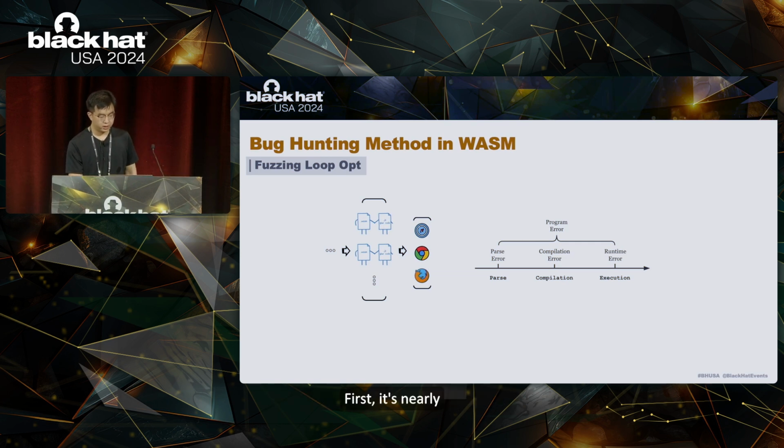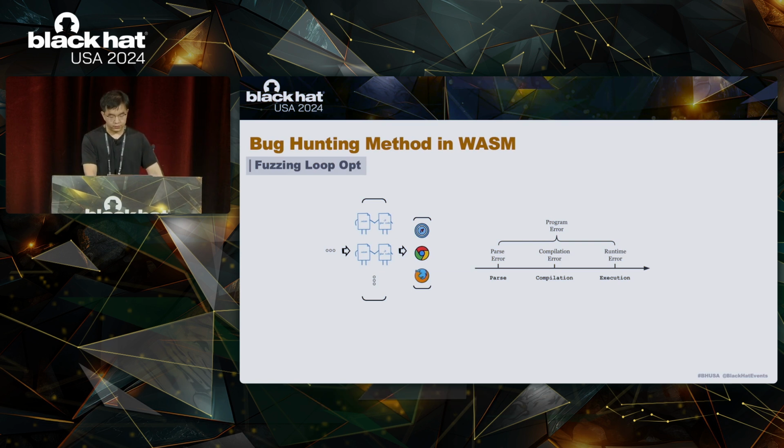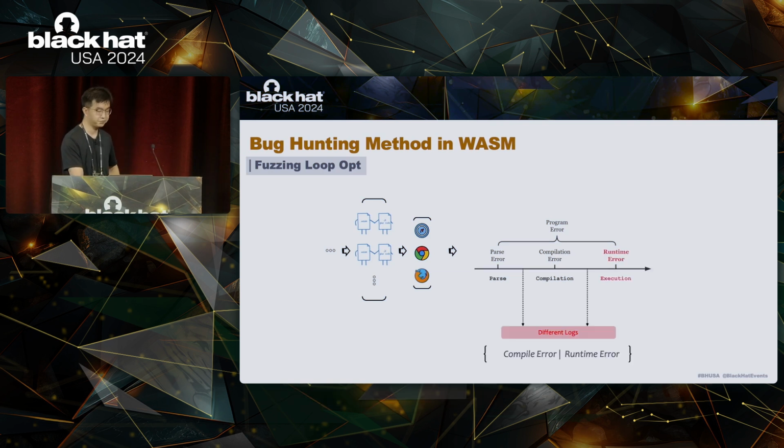First, it's nearly impossible for the fuzzers to completely bypass the checks during the compilation phase. However, when we switch the target, the features cannot always stay synchronized, leading to very frequent failures when very new features are tested on engines that do not support them.